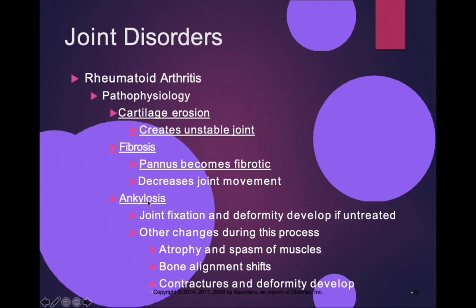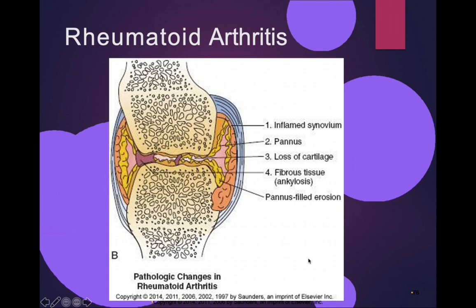There may even be ankylosis, which is really fusion or joint fixation that takes place if the deformity isn't treated. There is atrophy and spasms of muscles. There are bony alignment shifts that can take place. And then there are specific contractures and deformities that develop, especially of the hand.